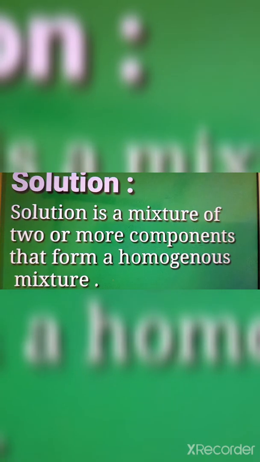Now come to the next point, that is solution. What is a solution? A solution is a mixture of two or more components that forms a homogeneous mixture. It means homo means same. So it forms a same mixture that is known as a solution.